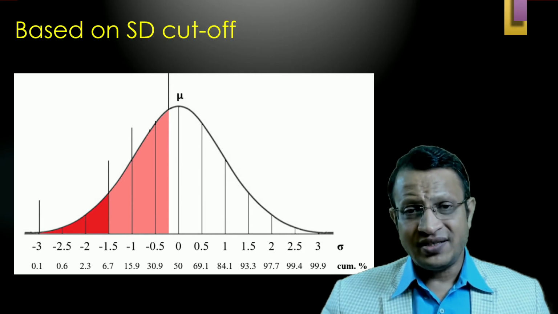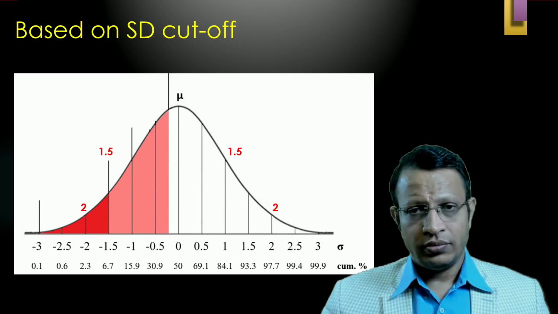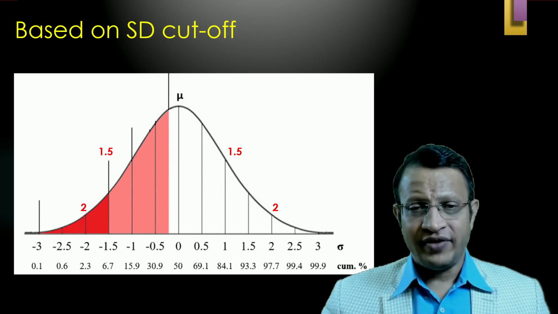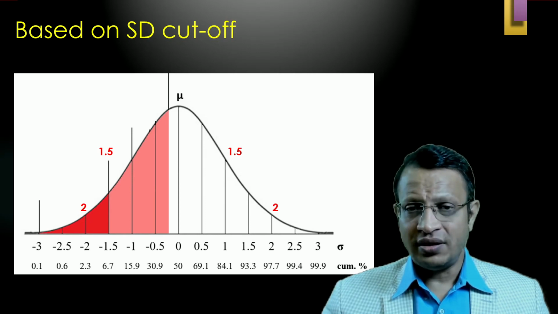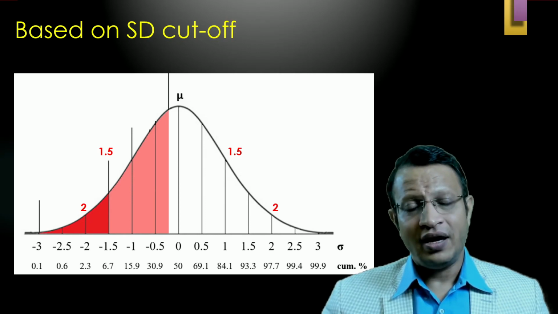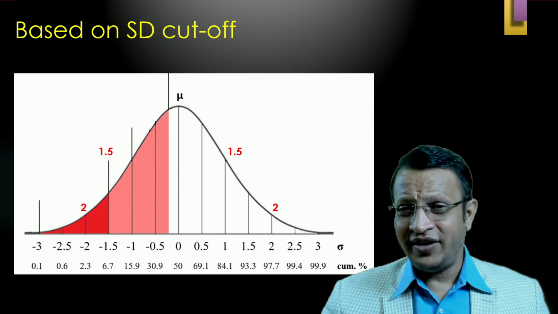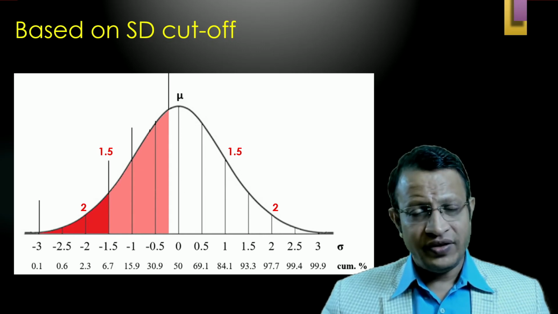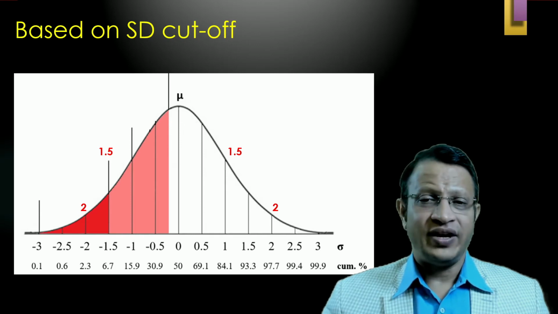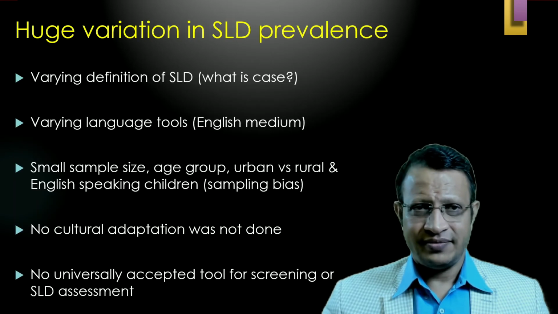Whether you have kept the standard deviation at 1.5 or at 2, that determines the area under the curve, how many children are included and how many are left behind. So, depending on whether you are taking a strict criterion, 2 standard deviations or 1.5 standard deviations, the prevalence rate varies.